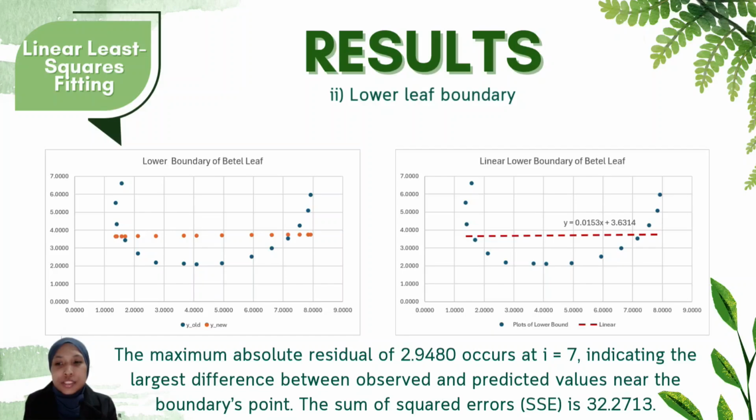The maximum absolute residual of 2.9480 occurs at i equal to 7, indicating the largest difference between observed and predicted value near the boundary points. The SSE is 32.2713, showing that most predicted points remain close to the actual data. The linear fit successfully captured the overall trend of the lower boundary, though small deviations are noticeable at the extremes. This deviation reflects the limitation of modeling a curved surface with a straight line. As you can see, the straight line appears as the linear regression line.